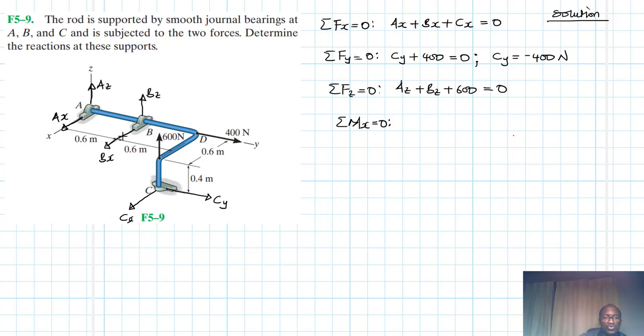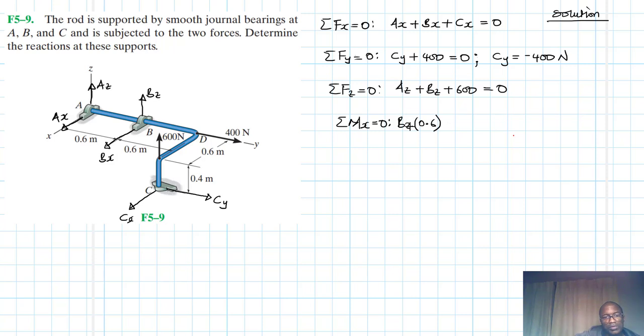Using your right hand thumb rule to denote the direction of your moment, BZ will tend to cause a moment about the x-axis in the positive direction. So we'll have BZ times the lever arm, which is just 0.6. And then 600 also will cause a positive moment.